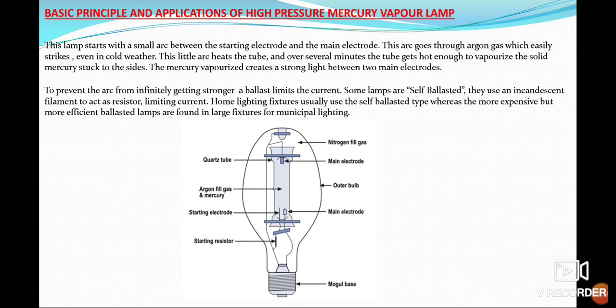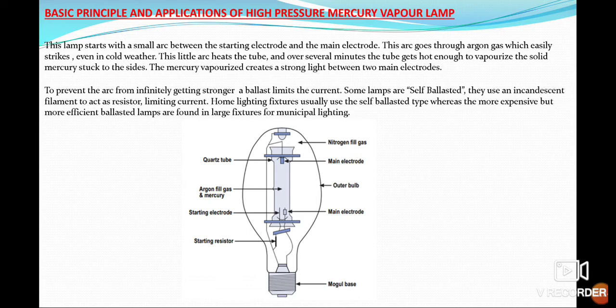So the arc is created between the two electrodes, and this arc goes through the argon gas, which easily strikes even in cold weather. So this little arc heats the tube, and then over several minutes the tube gets hot enough to vaporize the solid mercury stuck to the sides. The vaporized mercury creates a strong light between the two main electrodes.